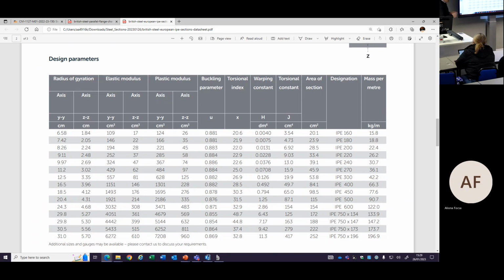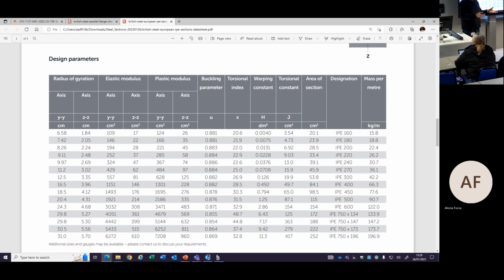You cannot calculate the area of section by hand because it has some small connection of circle, you know. And mass per meter. So these are profiles you can buy and use in your construction site. A profile is usually provided in 6 meter lengths.